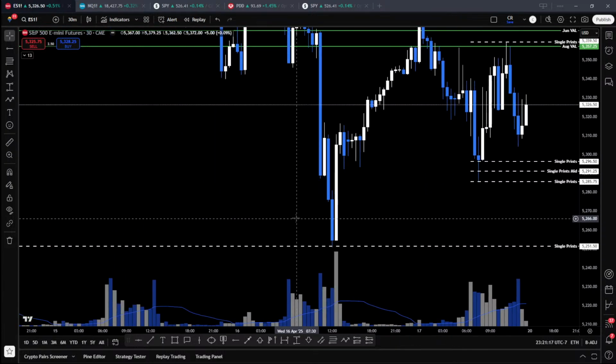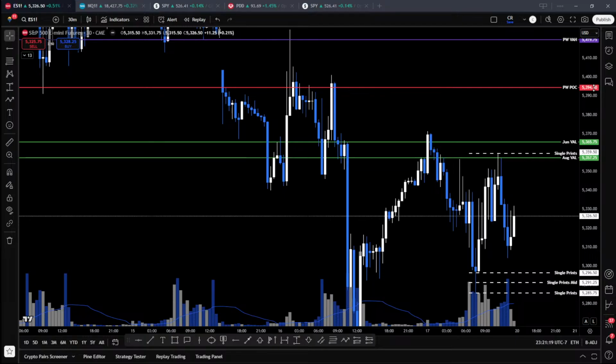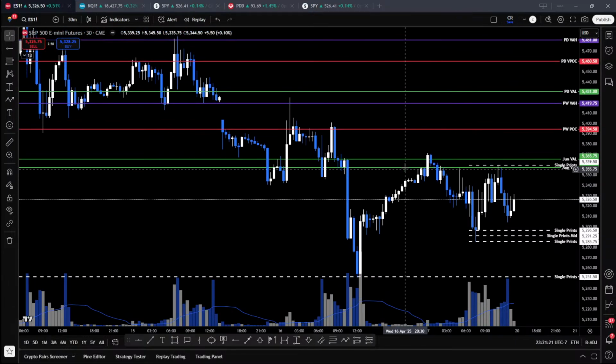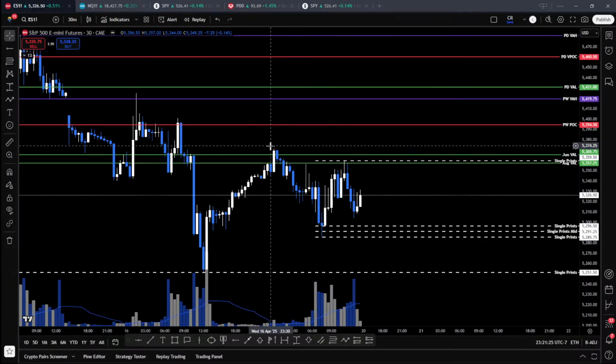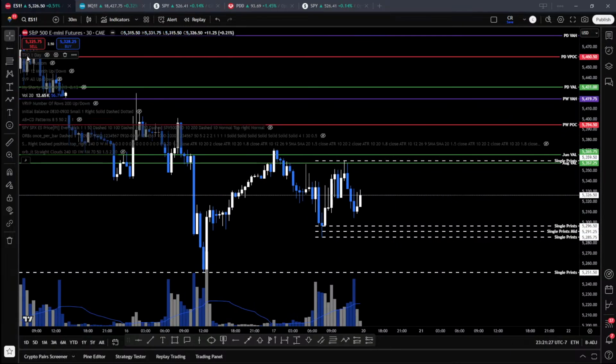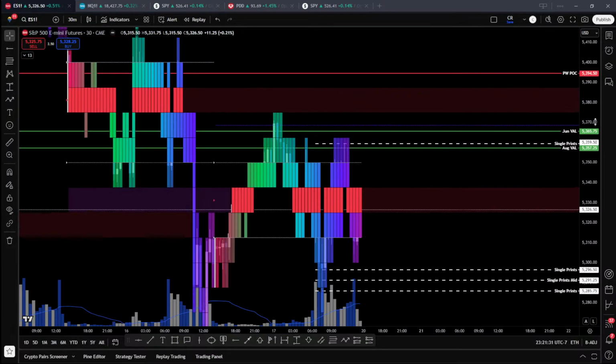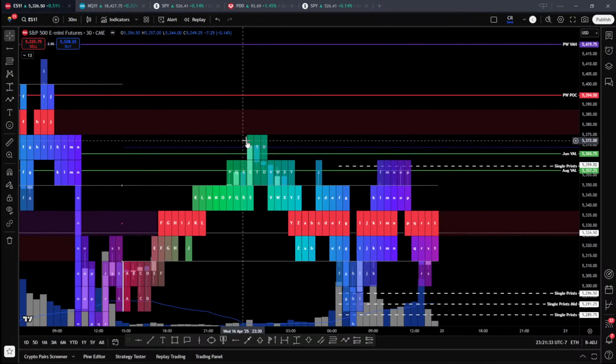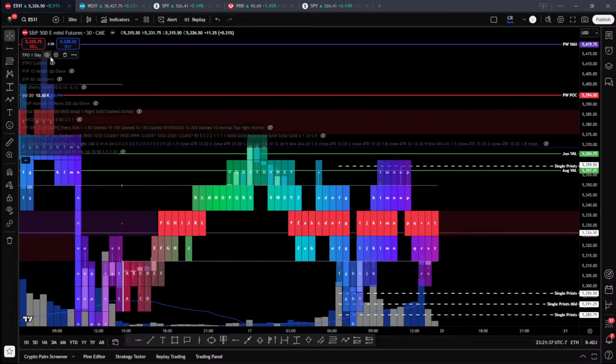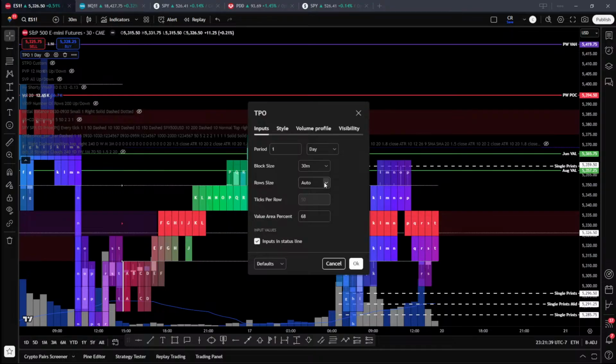I guess the other thing I forgot to mention is we also want to find our poor highs and poor lows. On this day, we would have poor highs, right? You can see the blocks on this. It might be better if I use the actual correct settings.